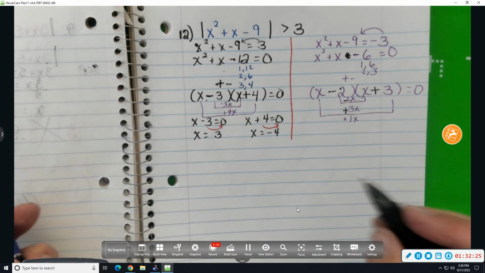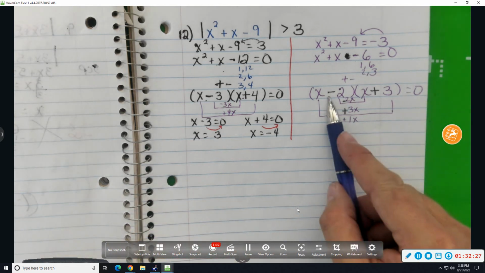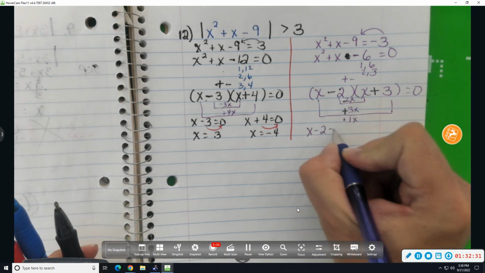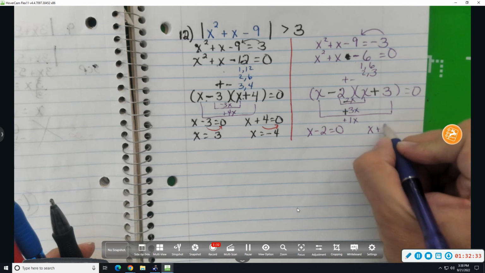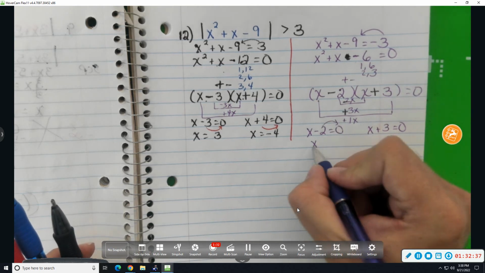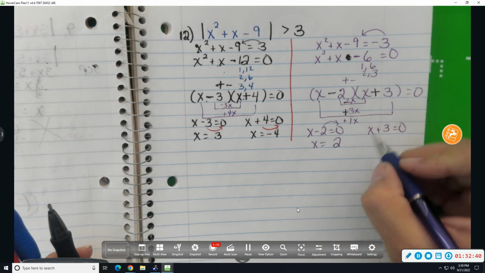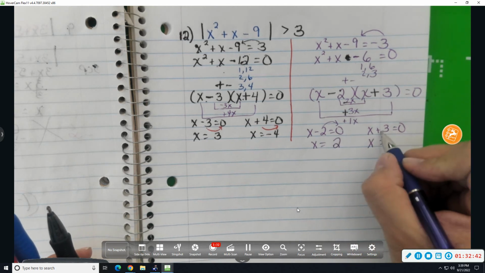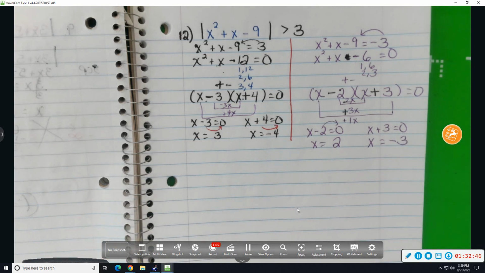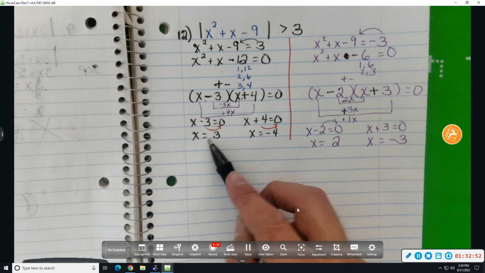Almost done. I'll set each one of these factors to 0, and we get x equals positive 2 and x equals negative 3. So it looks like we have 4 of those solution cut points.